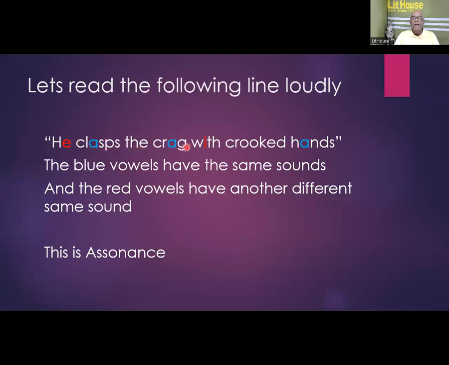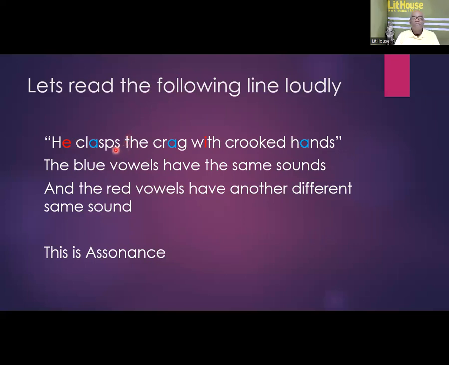He clasped the crag with crooked hands. Now you see one line from the poem The Eagle by Alfred Lord Tennyson. He clasped the crag with crooked hands. Clasp, cracked, hands. Now, what is the common sound you hear?